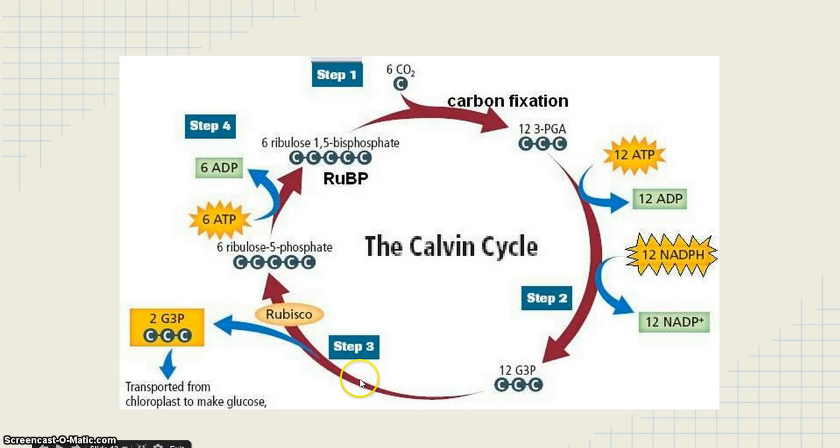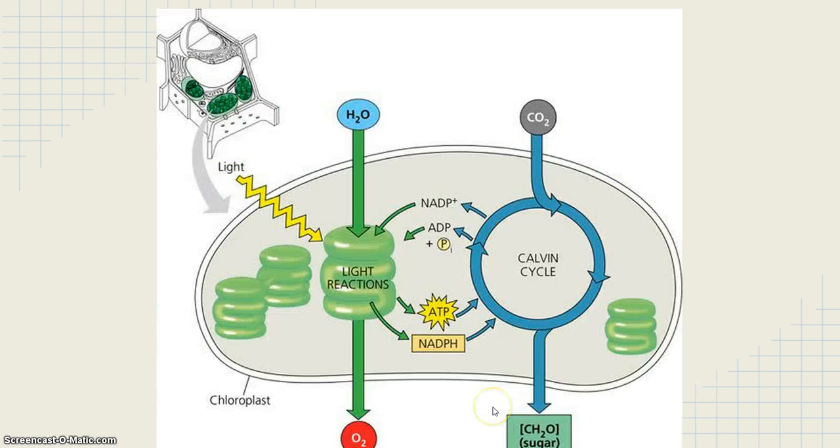With 2 G3P molecules, we are able to make glucose. So then we come back up here and we remake what we started out with. The RuBP needs to be remade in order to keep the cycle going. And remember, this is a full cycle that we are constantly going through.